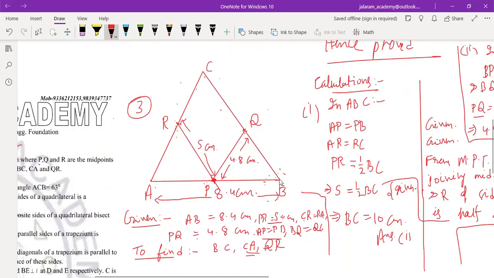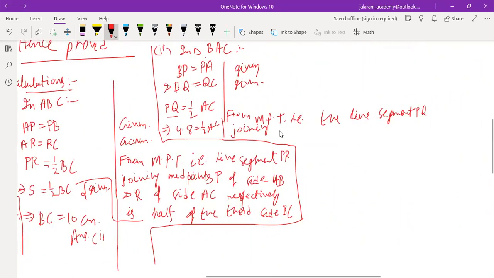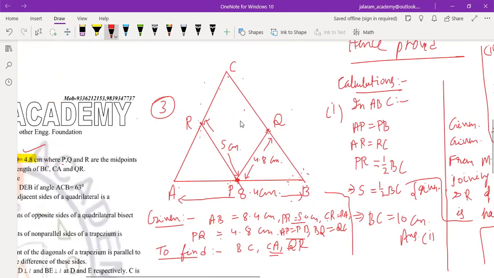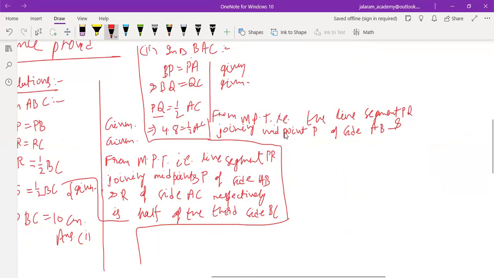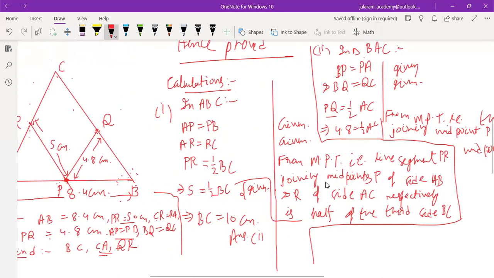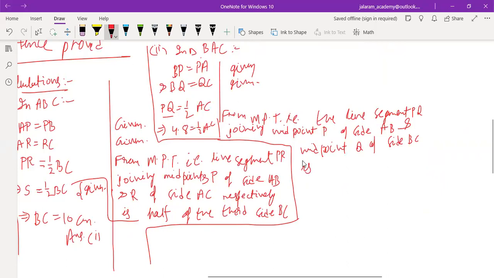Joining midpoint P of side AB and midpoint Q of side BC is half of the third side AC.